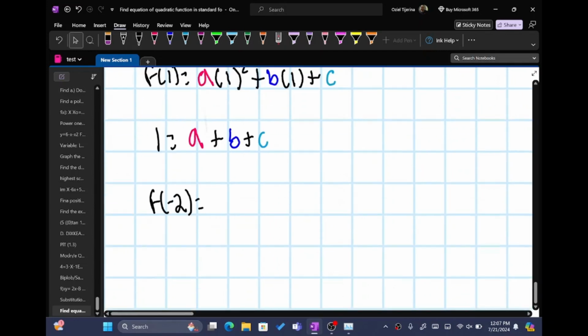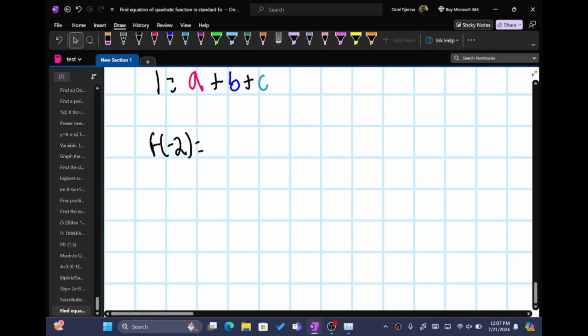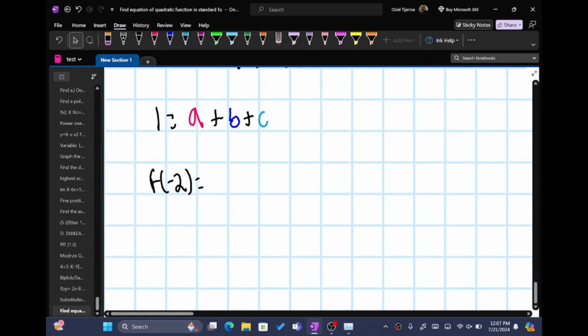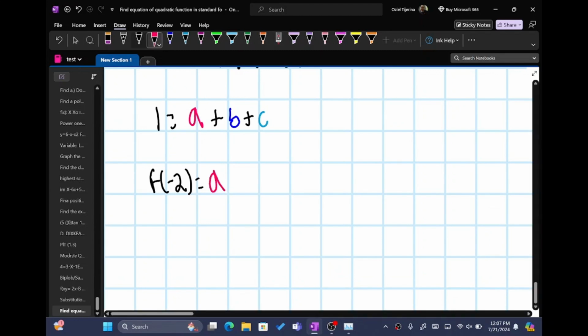It's really funny how there are 2 points where the y value is the exact same as the x value. So we have, again, a times -2 squared plus b times -2 plus c.